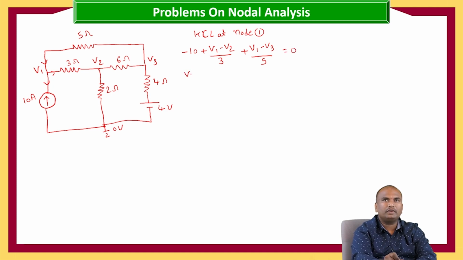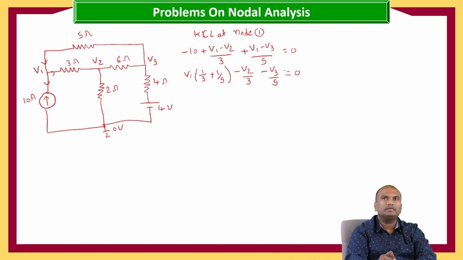Here if we take V1 common, (1 by 3 plus 1 by 5) minus V2 by 3 minus V3 by 5, which is equals to 10. This is our equation number 1.